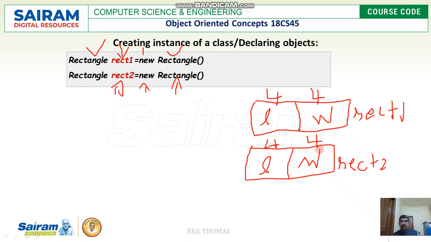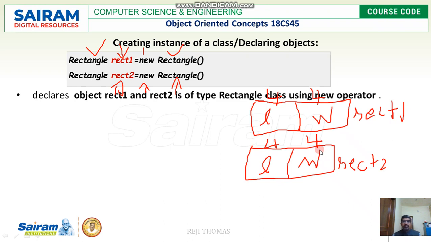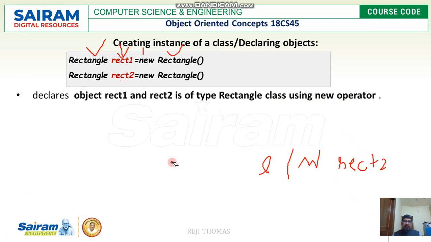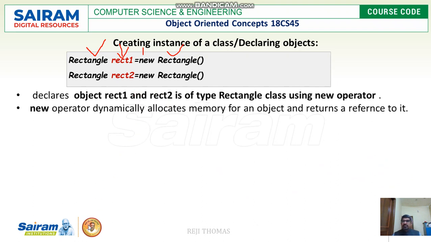If you look at the screen, we have created two objects, rect1 and rect2. Please do remember every object is going to have its own space in memory to store the data members, right? We have created two objects using the new operator, and we have to make use of the operator called new, which is the one which creates the object.